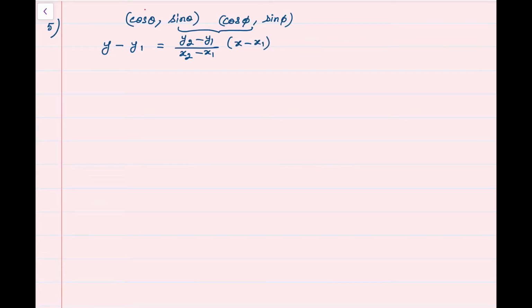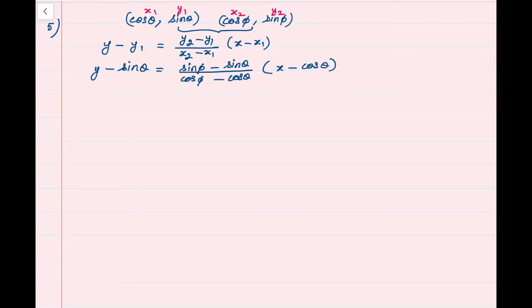We will take the first point as x1, y1, second point as x2, y2. Therefore, the equation is y minus sine theta equal to sine phi minus sine theta divided by cos phi minus cos theta times x minus cos theta.